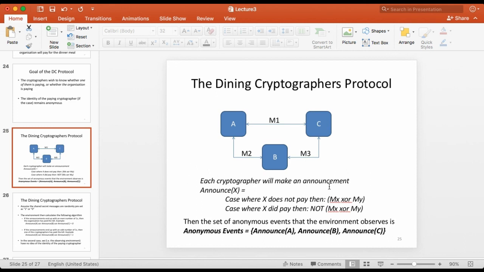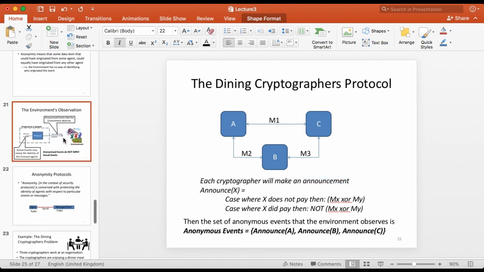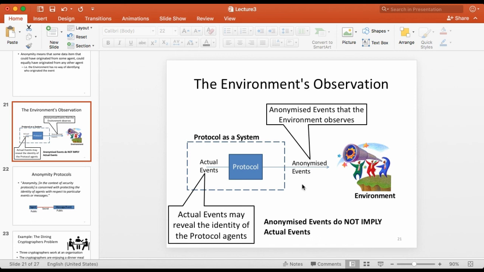Now, at the end of the meal, each cryptographer will make an announcement. Okay, so the announcement here is very important. Essentially, an announcement is an event which you're announcing to the external environment.